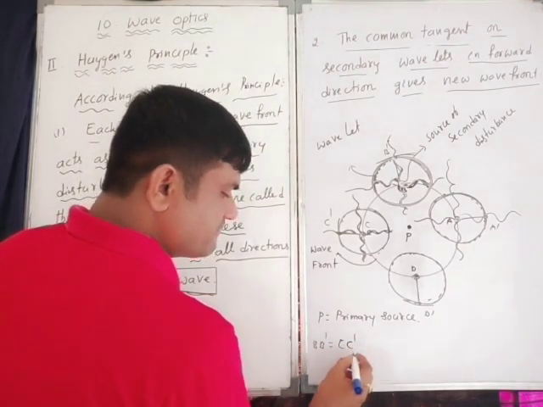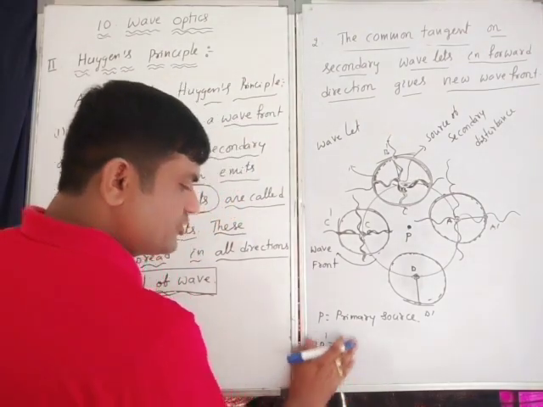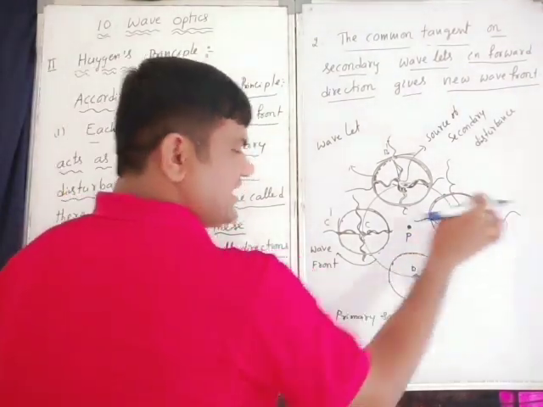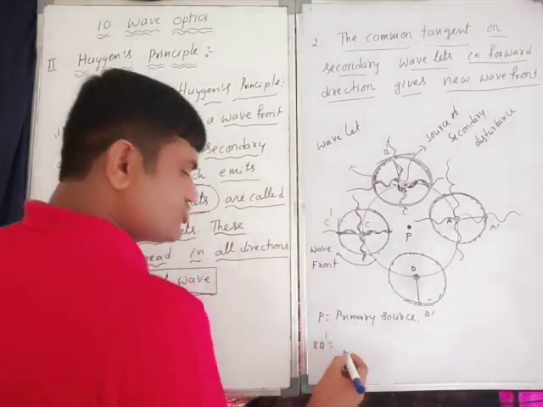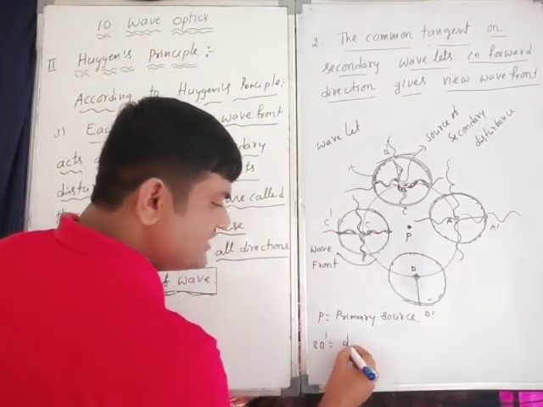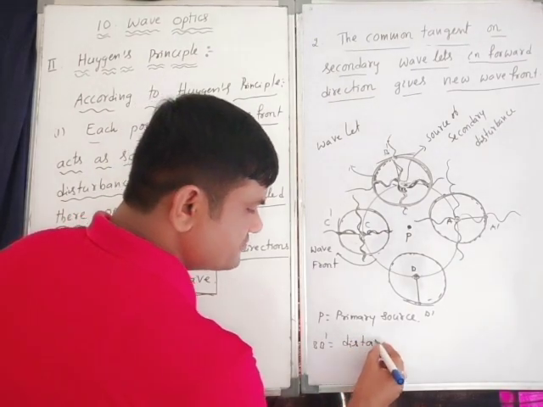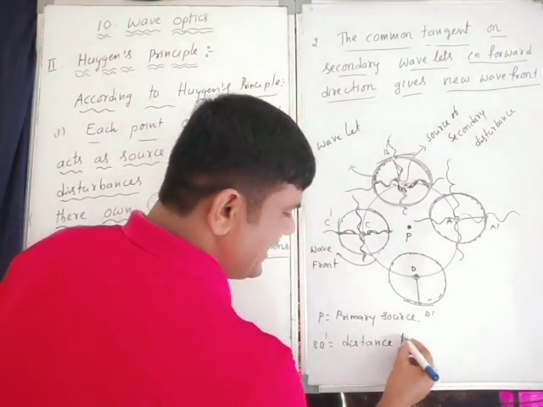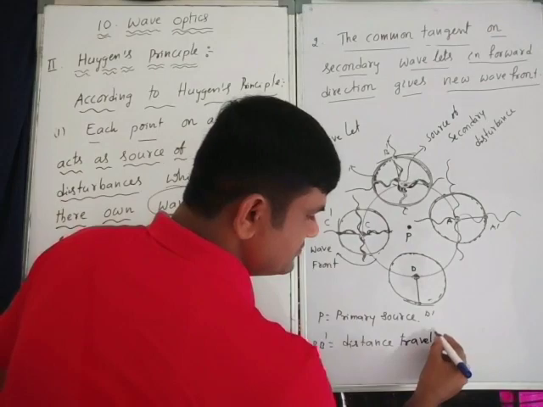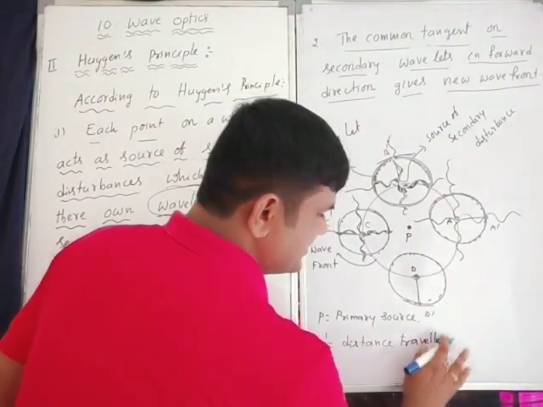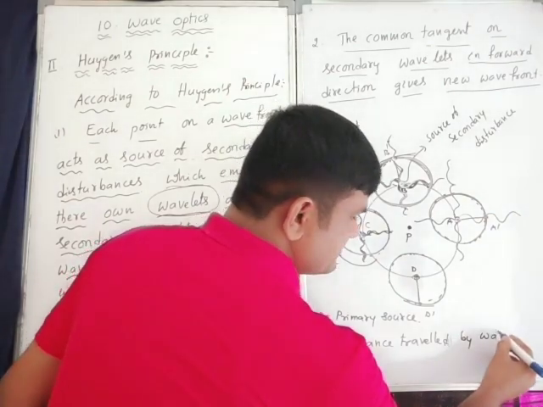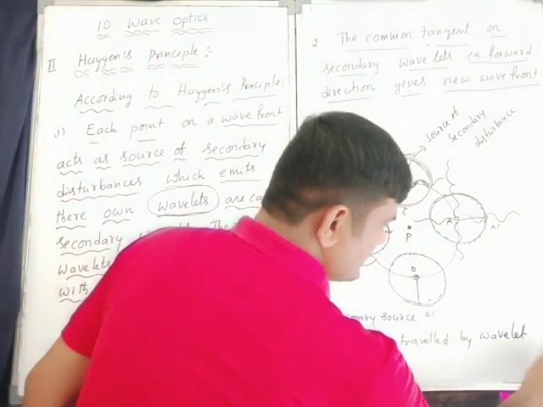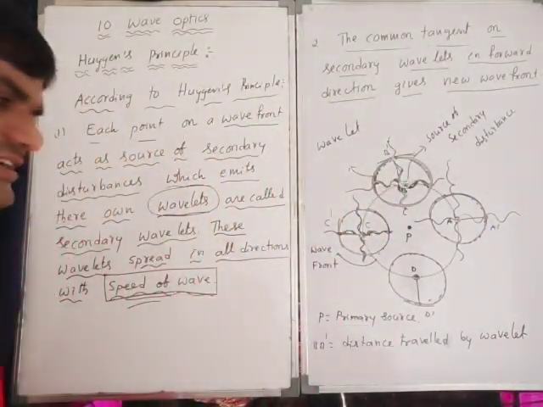So B to B dash, A to A dash, D to D dash, C to C dash is nothing but the distance traveled by wavelet.